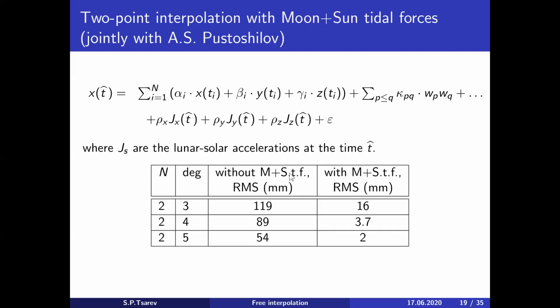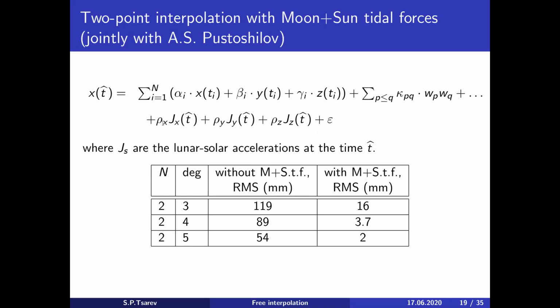And after training of this new interpolation approach, we obtain the following results. The number of points is still 2, the number which is very physical for any practical application. And with degree 3, 4, and 5, in the next column, I give the previous result when we do not have such extra lunar-solar terms, and with quite good but still insufficient precision of few centimeters.